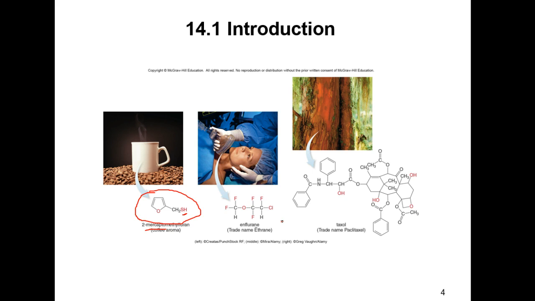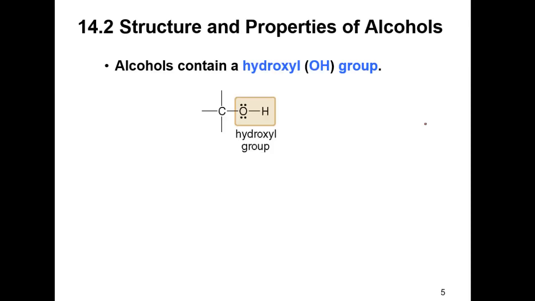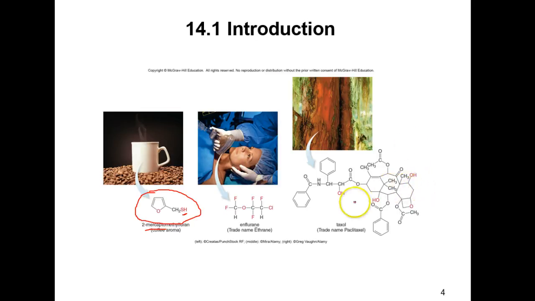So when they halogenated it, they found that it clears out of the body very quickly and has a very minimal amount of injury to the patient. And this very complex compound, which is isolated out of the bark of a tree, is Taxol, which is an anti-cancer drug. So I'm just showing you all the alcohol groups on this compound plus an ether group.